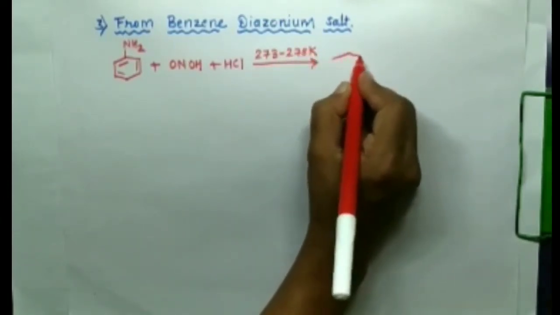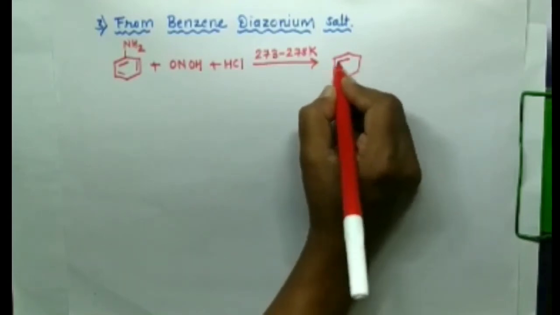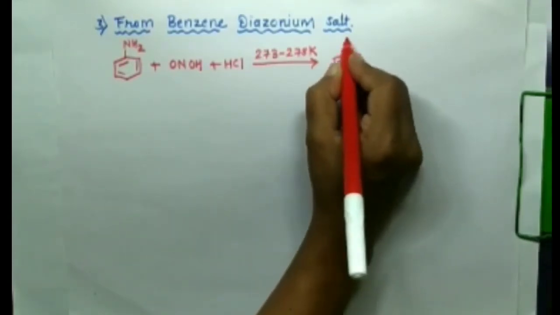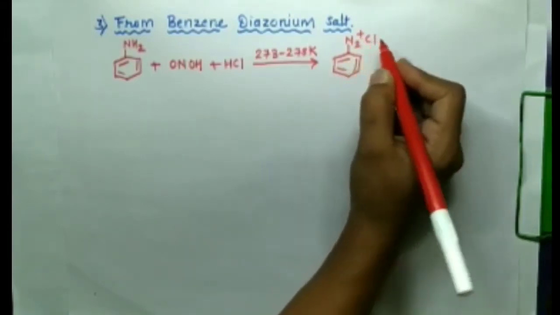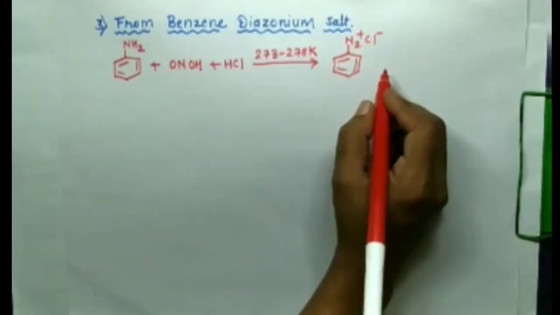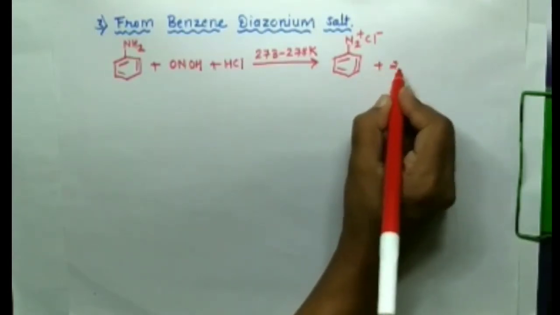It will give us benzene diazonium chloride, and 2 water molecules.